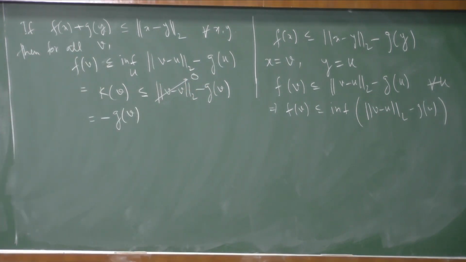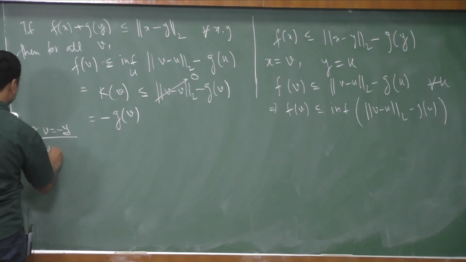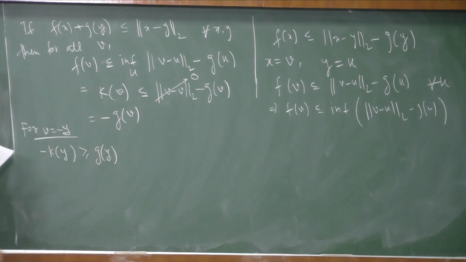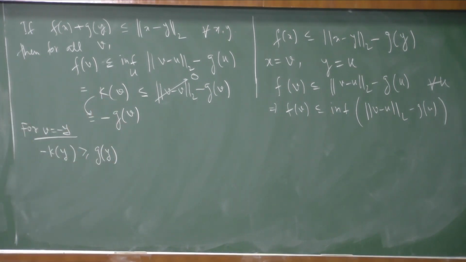If I choose v to be minus y, then I have minus ky is greater than or equal to gy. So from this inequality that I have, k is less than or equal to g, so minus k is greater than or equal to g. In place of v, I choose y. That's how I get this.